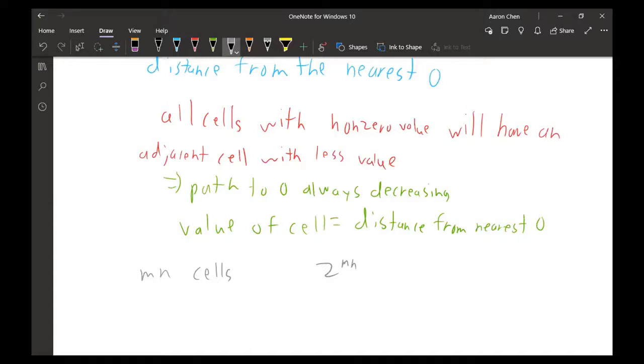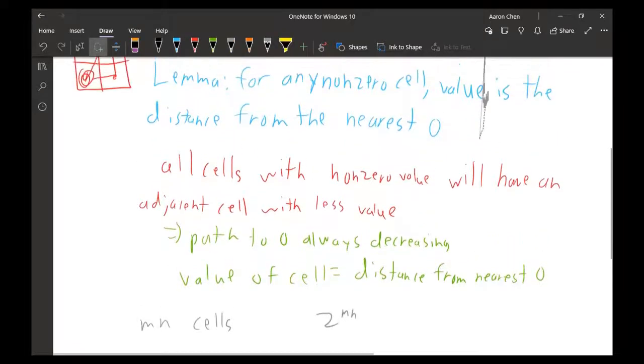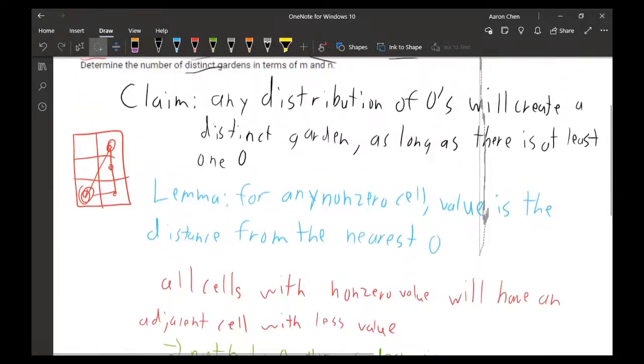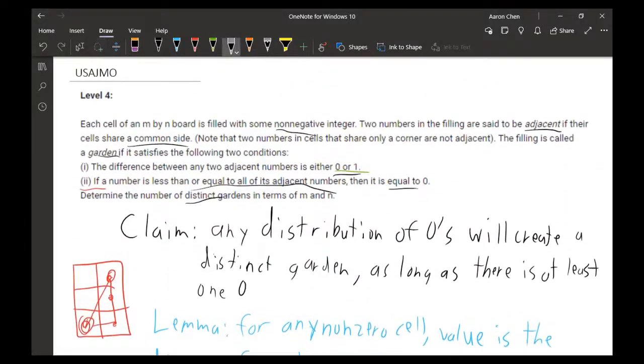At the same time, though, we need to remember that it's impossible for all cells to be non-zero, because if all cells are non-zero, then condition 2 would be false.